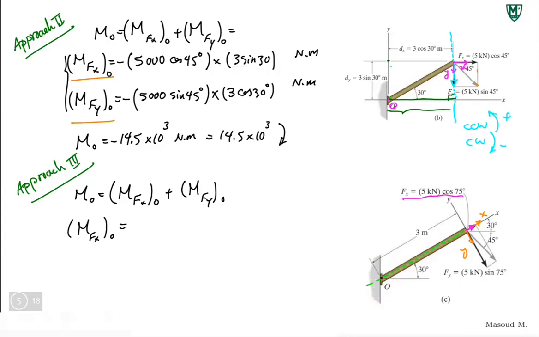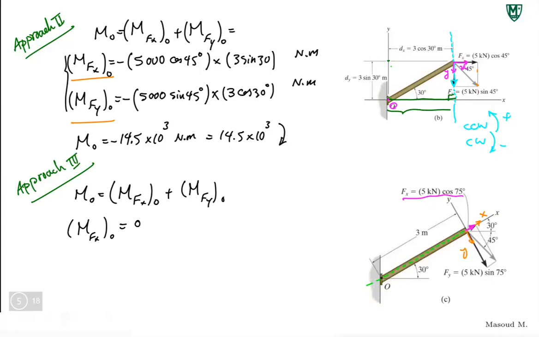All right. So follow the line of action. It's the green line. Fx, the force is 5,000 cosine 75 degrees. What would D be? 0 because it's a line of... Exactly, Diego. Exactly. So because the line of action is passing through the point we're finding the moment about, that's 0.